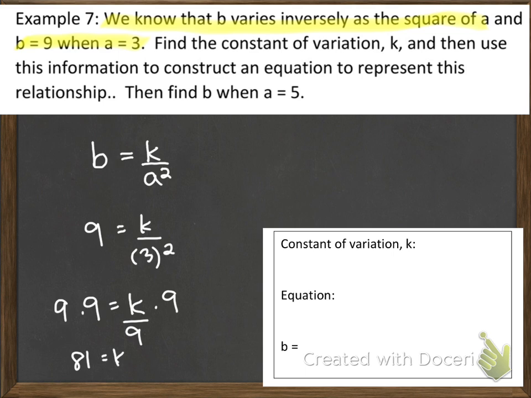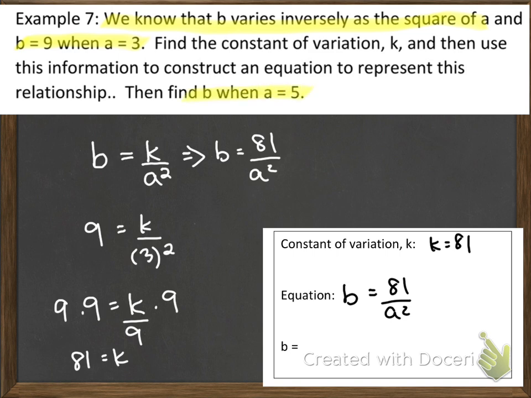So then our constant of variation is 9 times 9, which is 81. So now we can use this value to rewrite our equation. Instead of writing b equals k over a squared, I can say that b is equal to 81 over a squared. So that's my equation, b equals 81 over a squared.